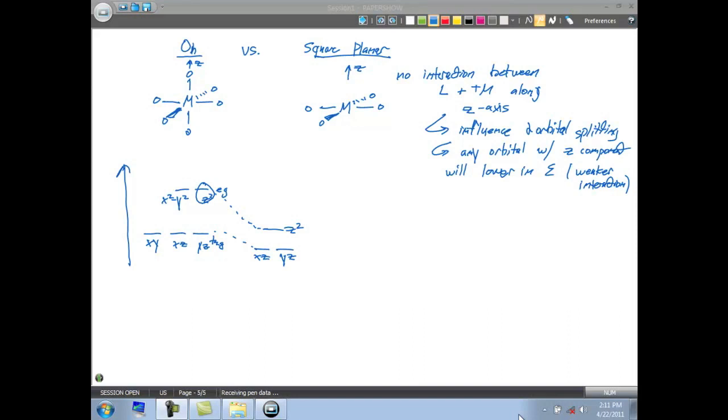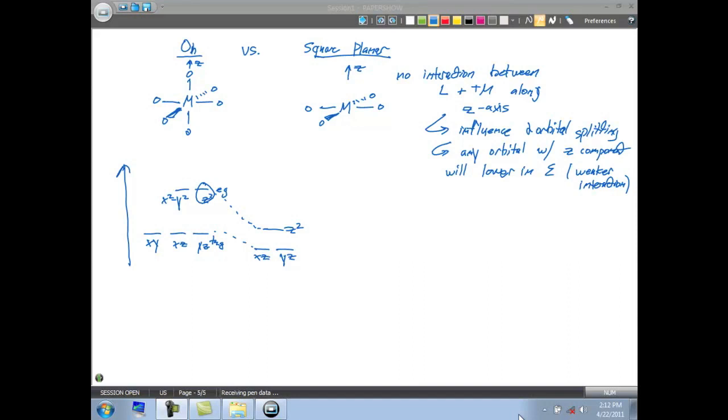One of the things we're also going to observe, in octahedral complexes and in square planar complexes, is something called symmetry elements that put restrictions on what can happen. In the case of the octahedron, you have 6 ligands. All of those ligands have to have very specific bond angles. If we define the molecule as an octahedron, all 6 of those ligands have to have the exact same bond length.